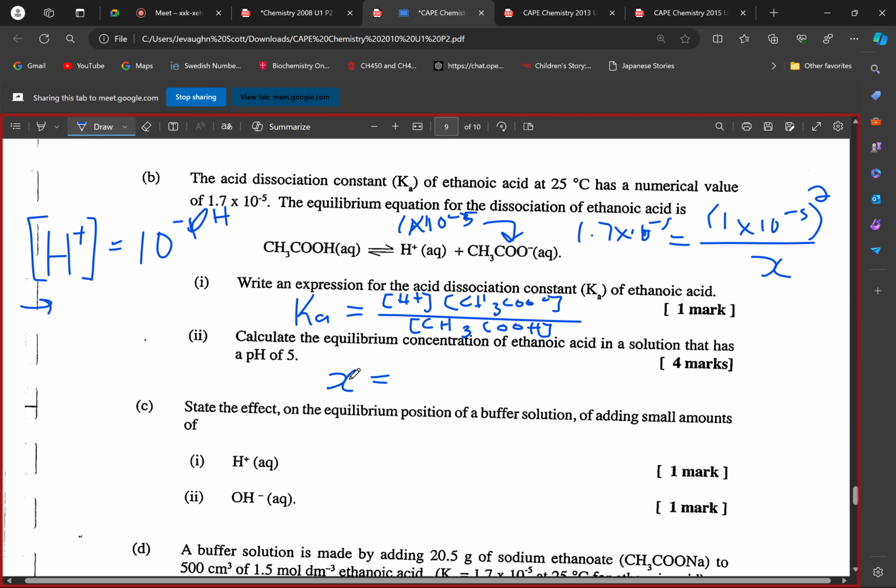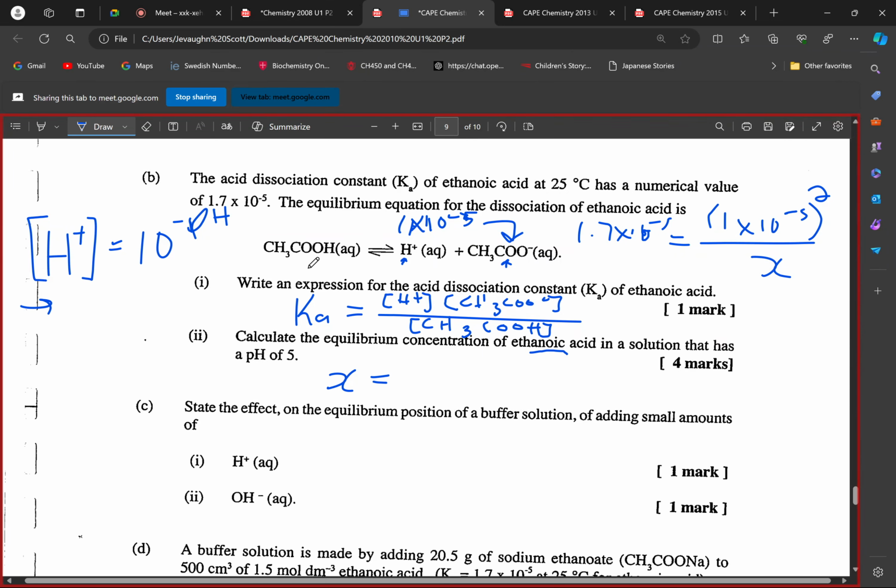Okay, all right. So what we're saying here is that we need to use the pH to find the ethanoic acid concentration. We have our Ka expression up here, but we don't have anything else to find our acid concentration. So what we can do is find the concentration of one of the products, because the concentrations of the products will be equal.